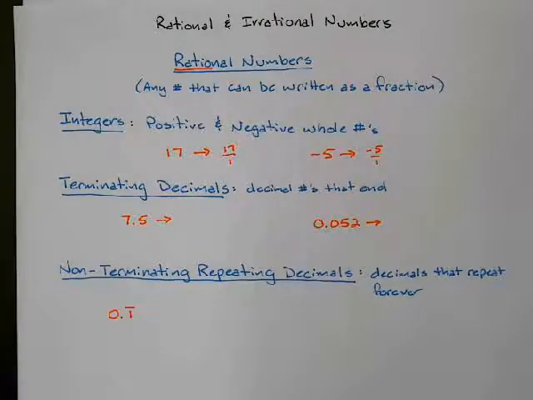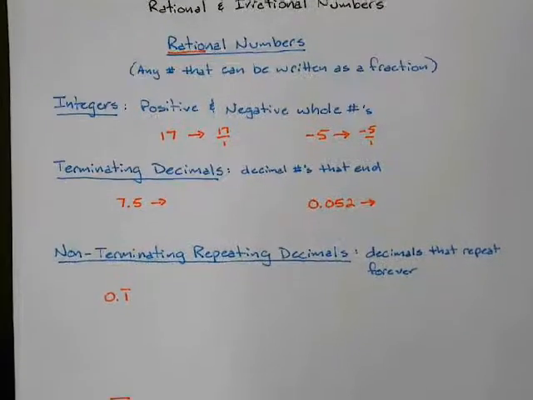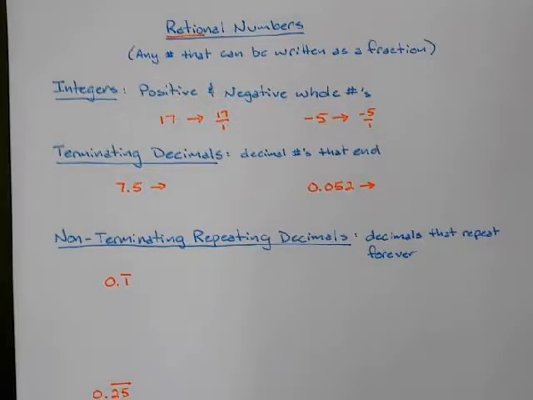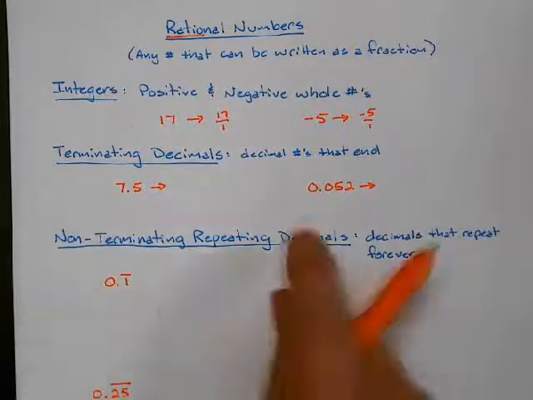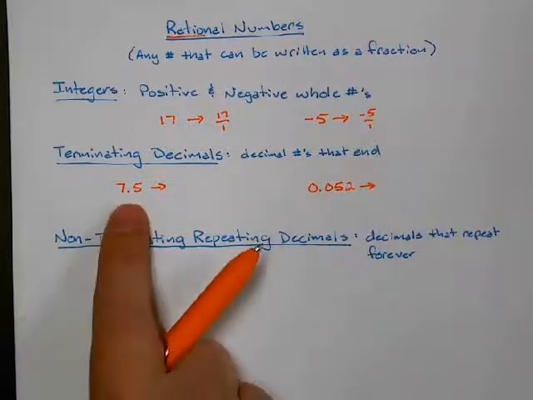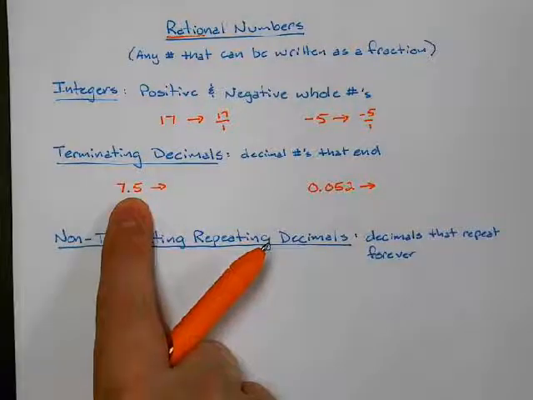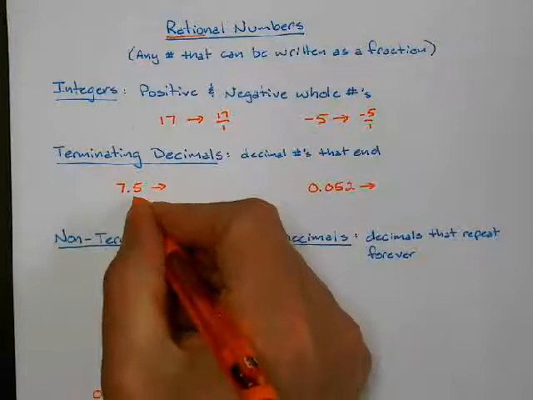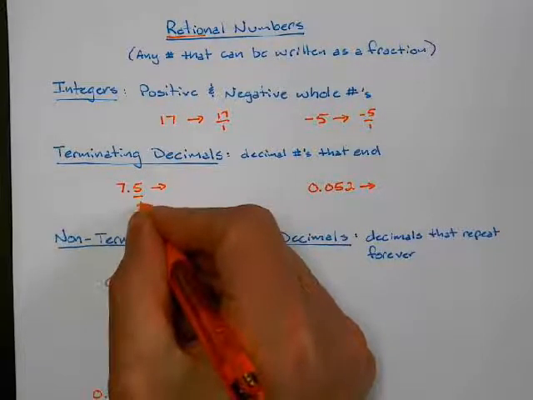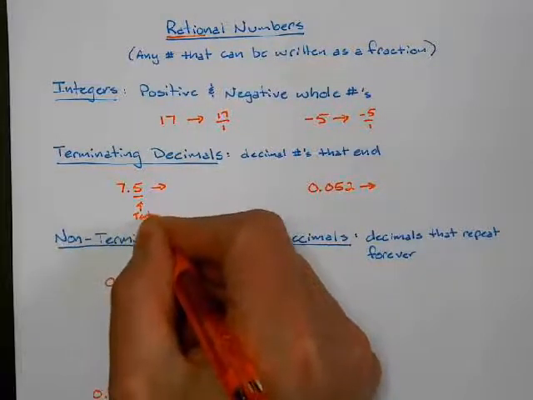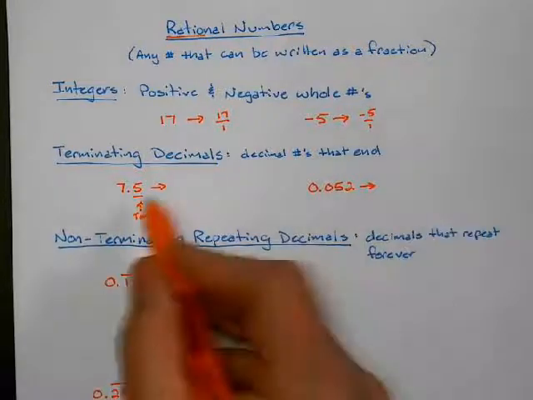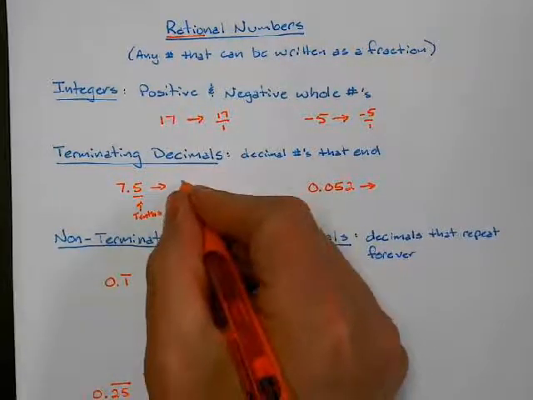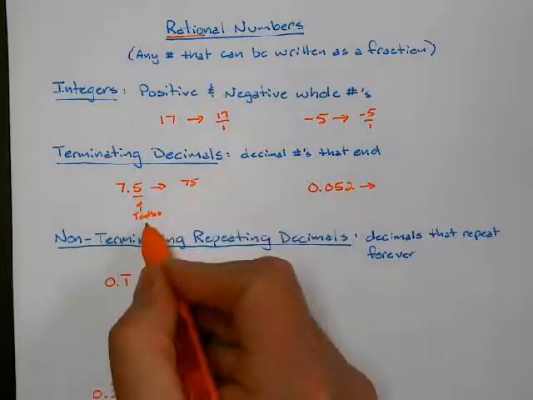Next thing we have here is terminating decimals. You probably started these around 5th or 6th grade, maybe even 4th grade, who knows. Terminating decimals are decimals that stop, that end. It's like 7.5. We can turn that into a fraction because this is the tenths place, which means we can change this to 75 over 10.